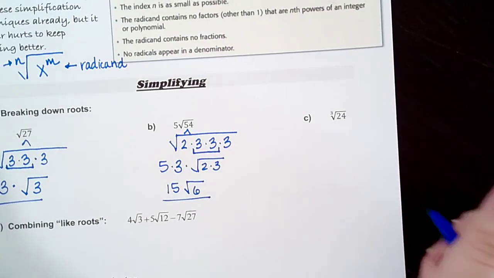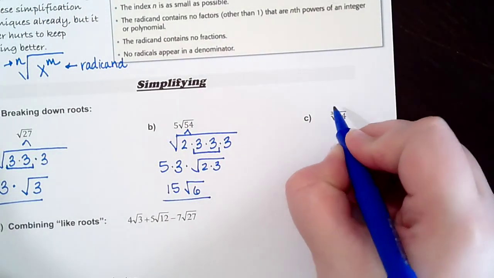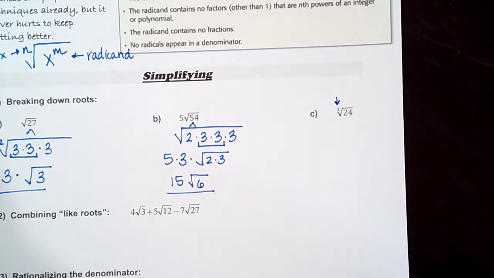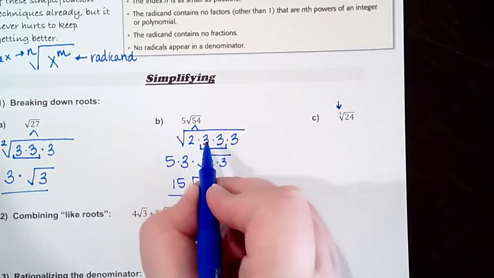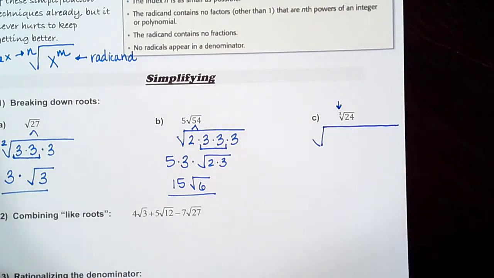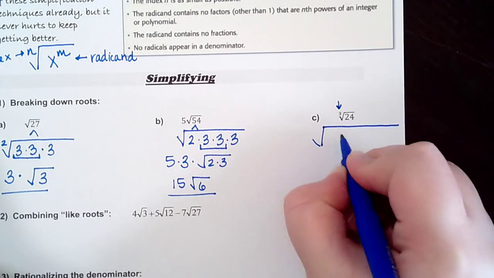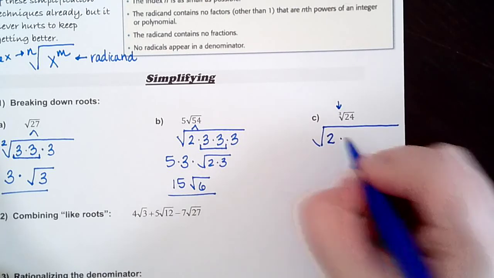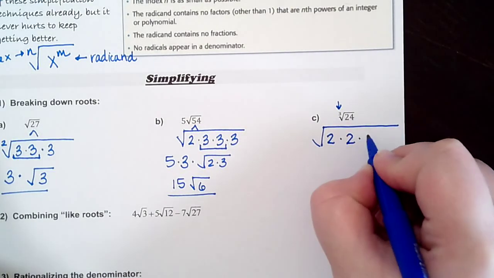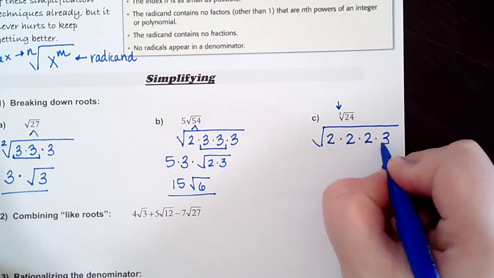And the last one here, we've got the cubed root of 24. However, this one is different because it's no longer a square root, it's a cubed root, which means instead of taking out pairs from a radical, we're going to take out triples. So 24 is the same thing as 2 times 12, or 2 times 2 times 2 times 3.